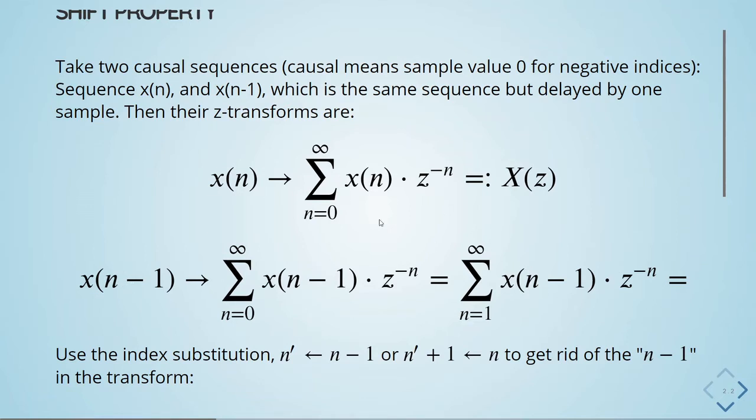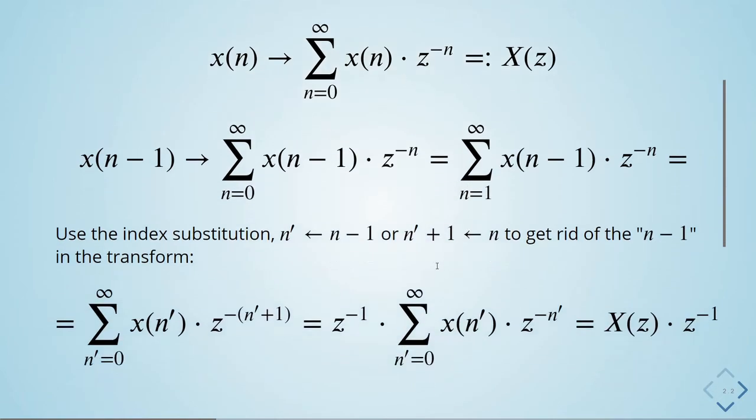We use an index substitution of n prime equals n minus 1, or n prime plus 1 equals n, to get rid of the n minus 1 index in the transform.